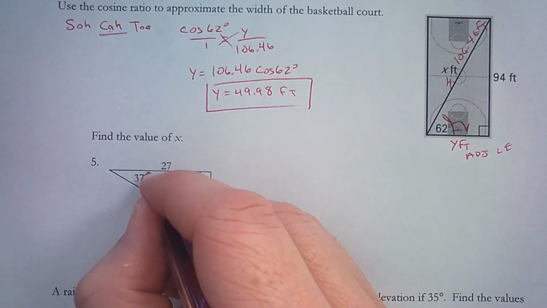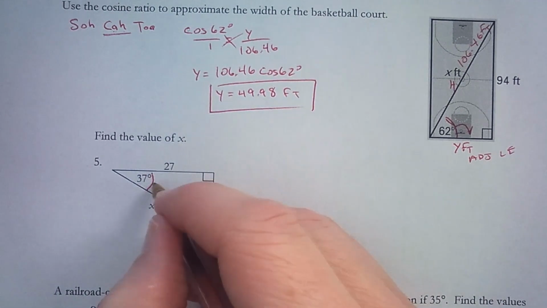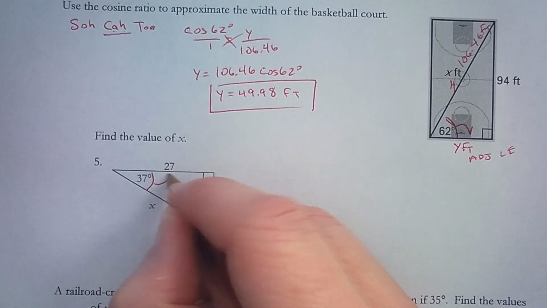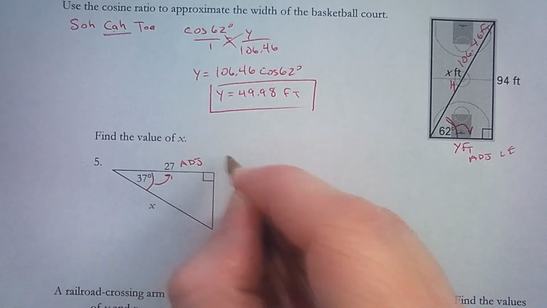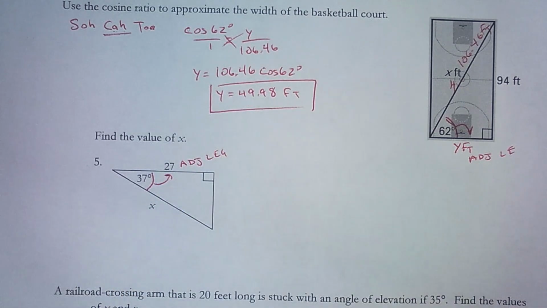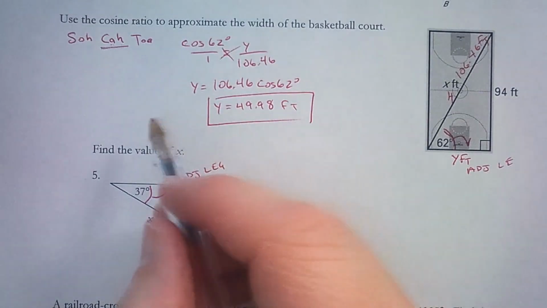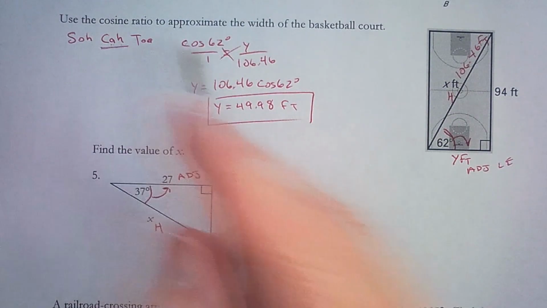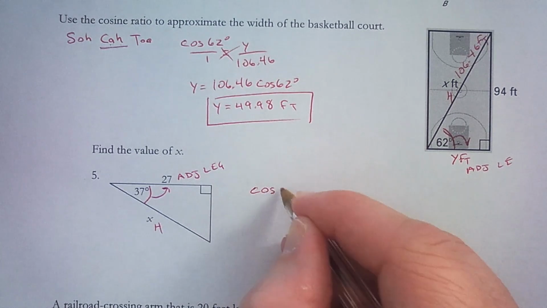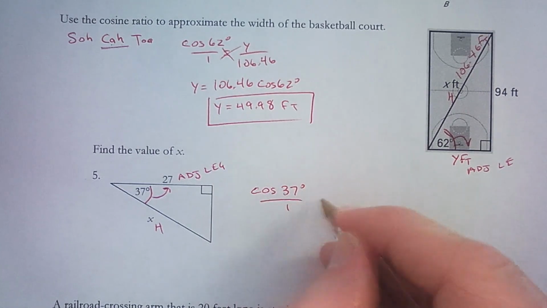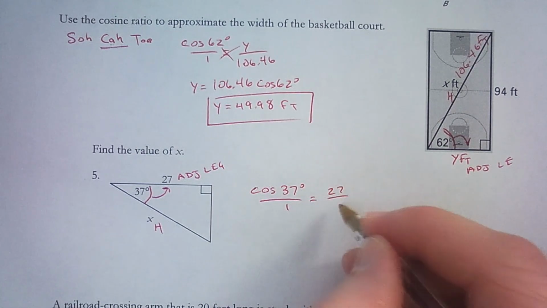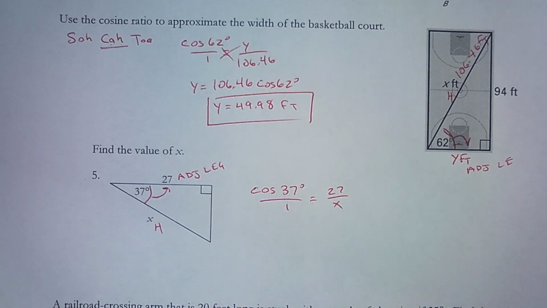Okay, so find the value of x. I've got an angle right here, and one of my sides right here, that is the adjacent leg. And this over here is the hypotenuse. Adjacent leg and hypotenuse, that's cosine. So we have cosine 37 degrees is to 1, as the adjacent leg is to the hypotenuse.